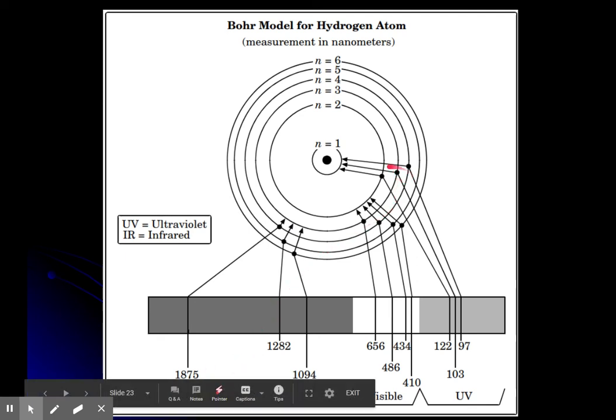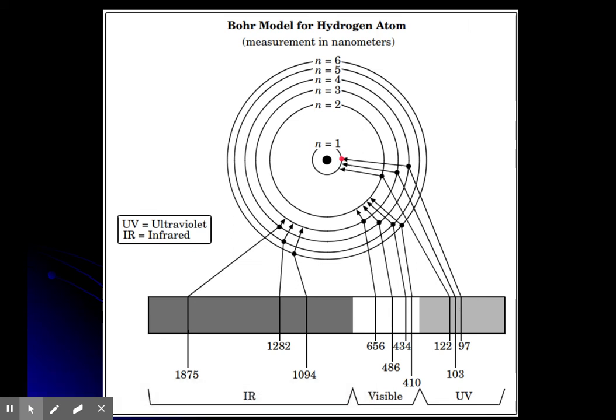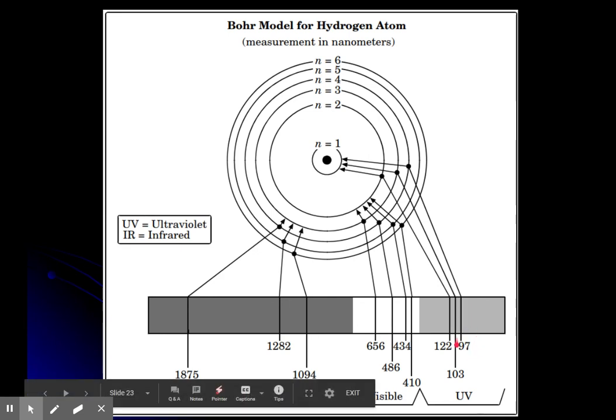So an electron in the ground state would be at n equals 1. It absorbs 1, 2, 3 photons of energy and gets excited up to n equals 4. Where the dot is, that's where the electron's excited to, and then the arrow points to where it drops back down. That would give off a wavelength of light that we really wouldn't be able to see because it's outside of our visible spectrum, but it's 97 nanometers in length.